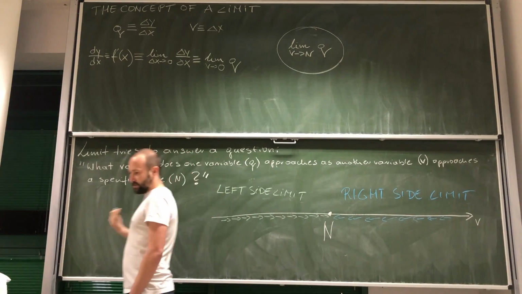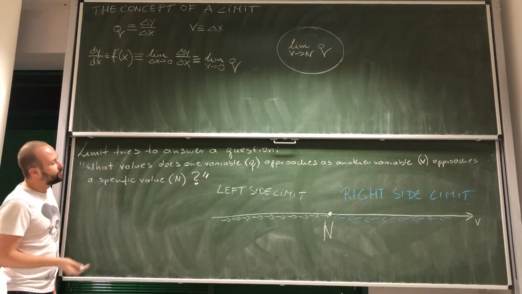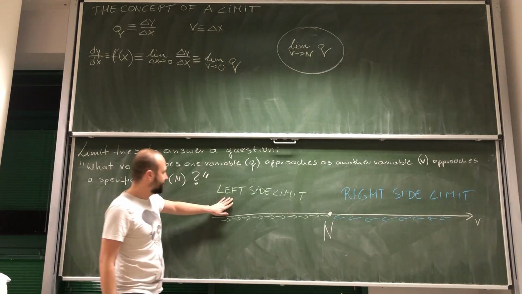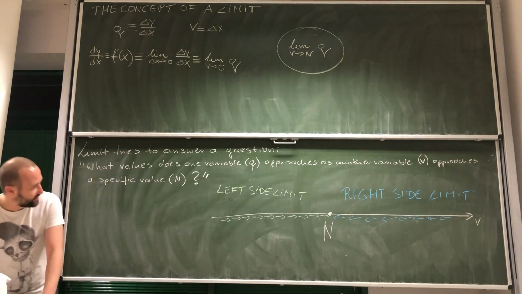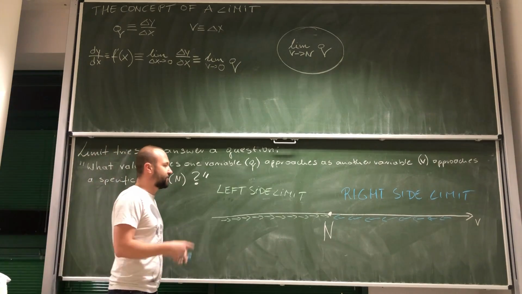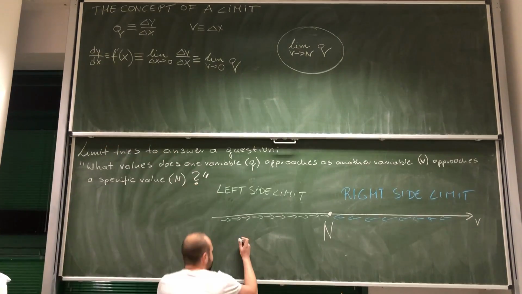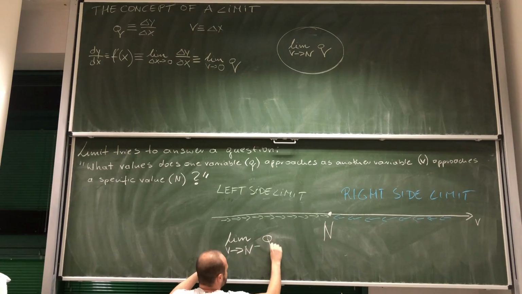Okay, so now we will use a different denotation when we approach n from the left-hand side, and a different denotation when we approach n from the right-hand side. And look, when we approach n from the left-hand side, we write limit with v approaching n, and we add a minus, of q.